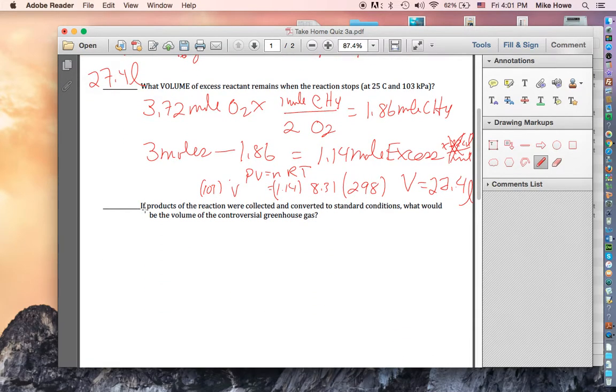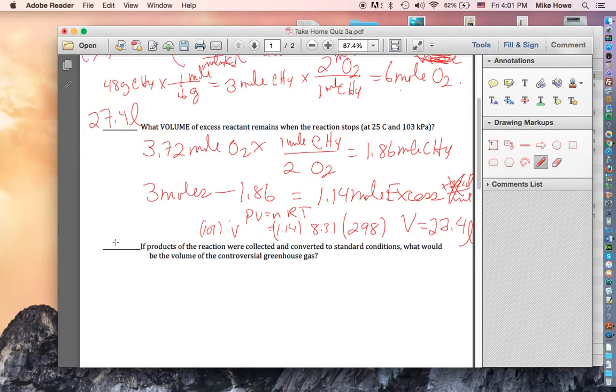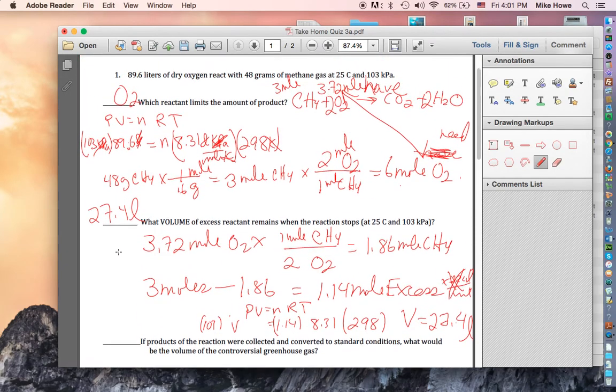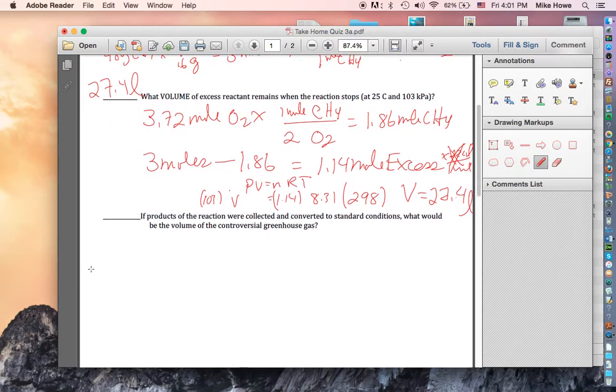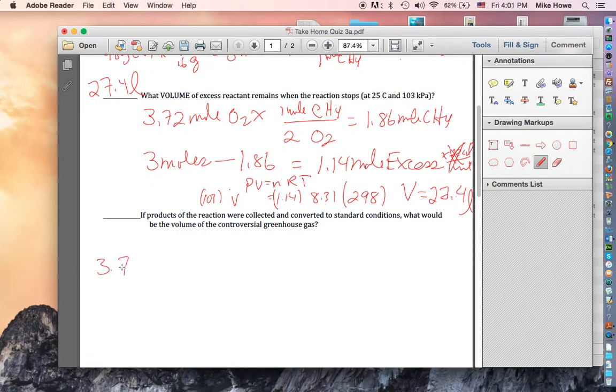Now if we took the products that were collected and converted to standard conditions, what would be the volume of the greenhouse gas? So you take your limiting reactant, what was that again? Oxygen. How much was it? 3.72 moles of oxygen.